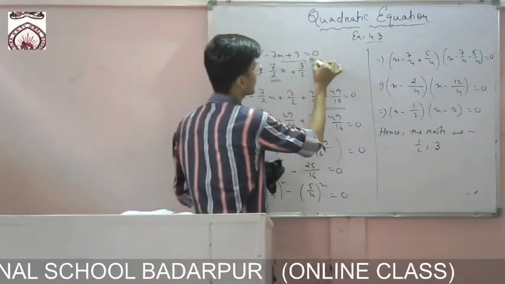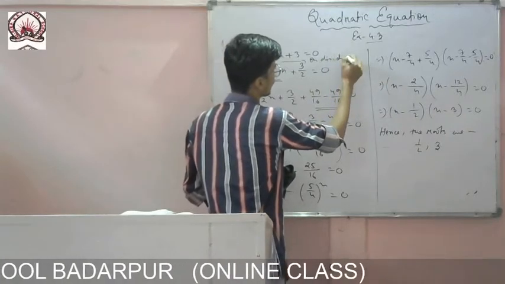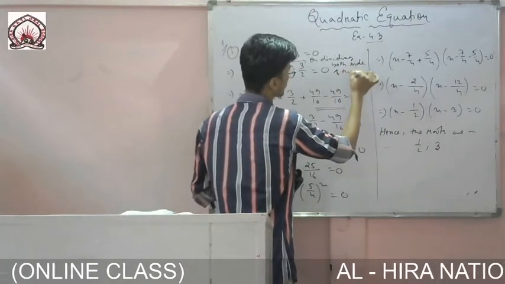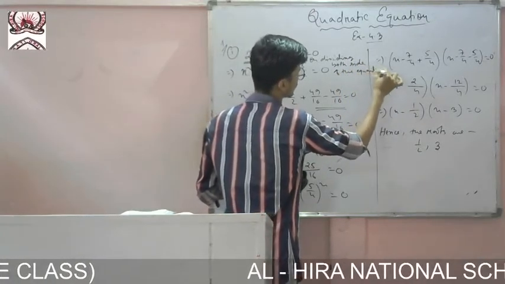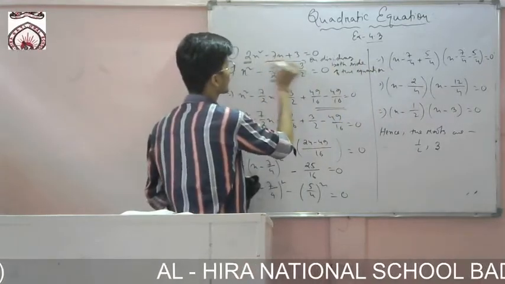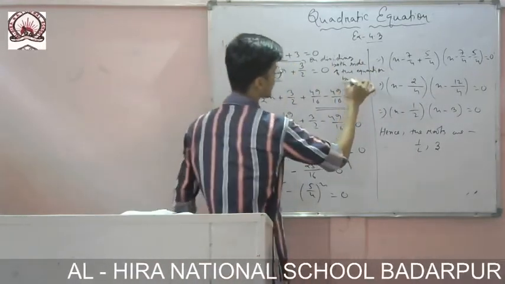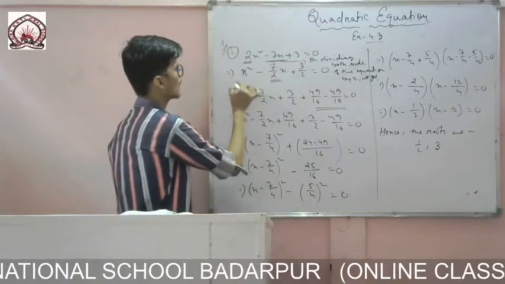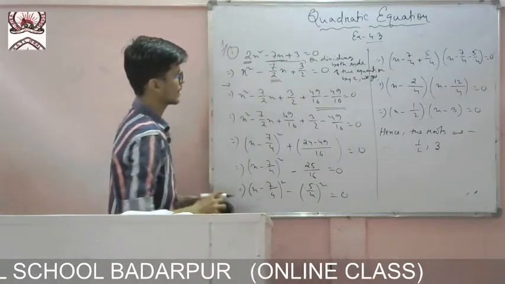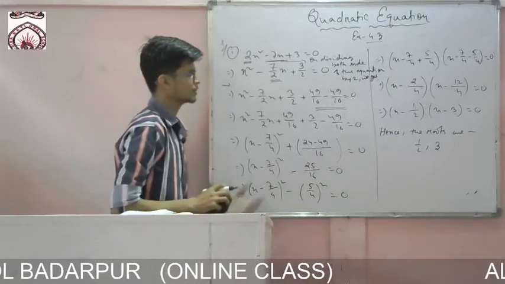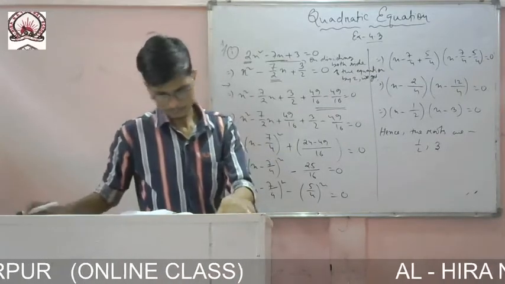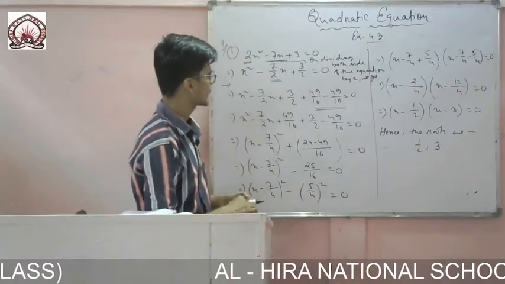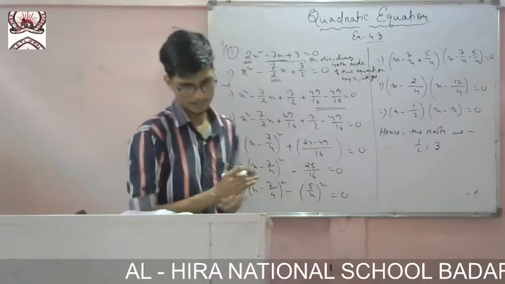On dividing both sides of the equation by 2, we get, 2 is the coefficient of x square. And there what we have done, there also one line you have to add: one time we have added, another time we have subtracted this (7 by 4) whole thing square on both sides.